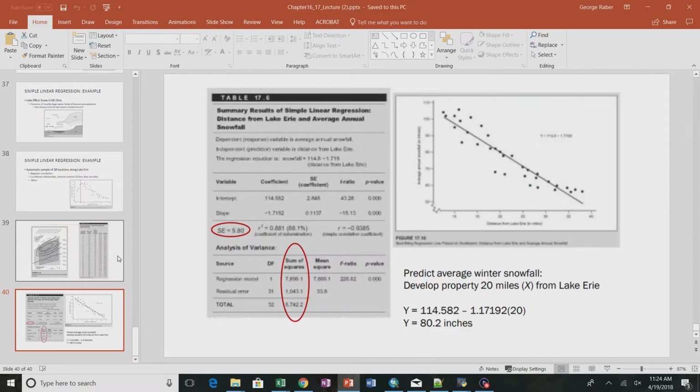So on here, the x variable, the slope, here's the standard error right there, 0.11. One unit off is 0.1137. So we could be off by that on average on our prediction.